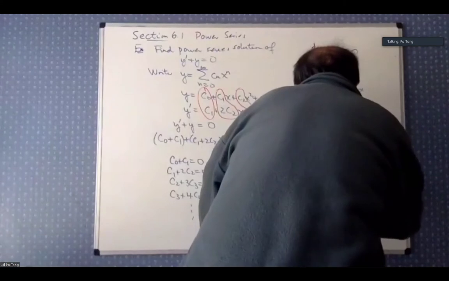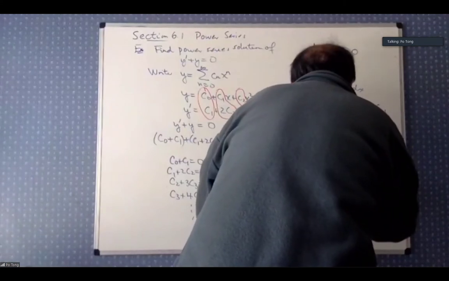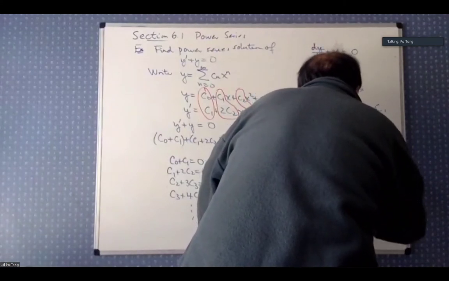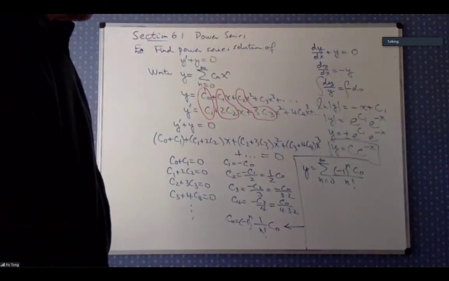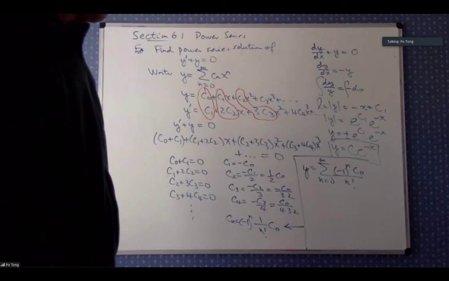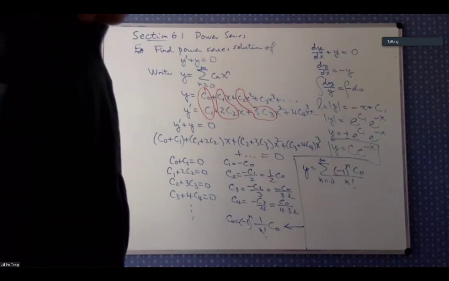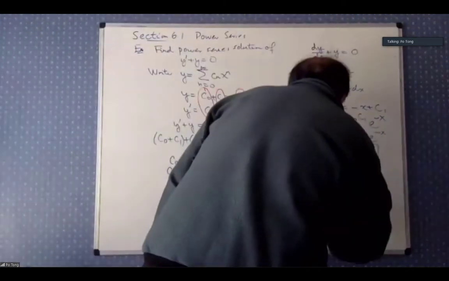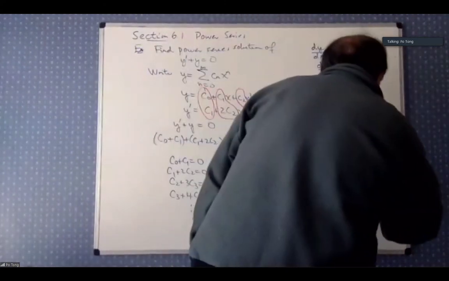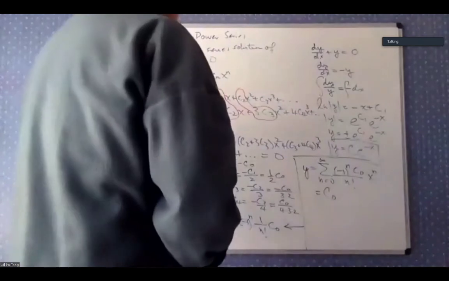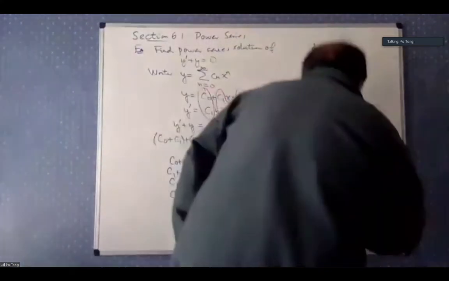Cn is minus 1 to the power n over n factorial C0. And I can take the C0 out.